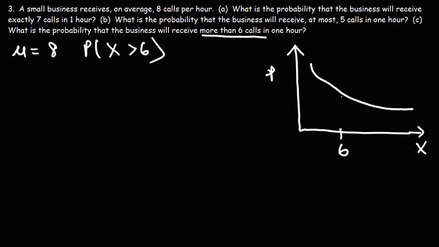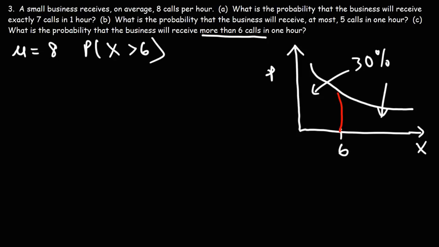So we're going to split the graph into 2 parts. Let me use a different color. Now let's say the probability that the business receives 6 or fewer calls is 30%, just to give a number for the sake of illustration.